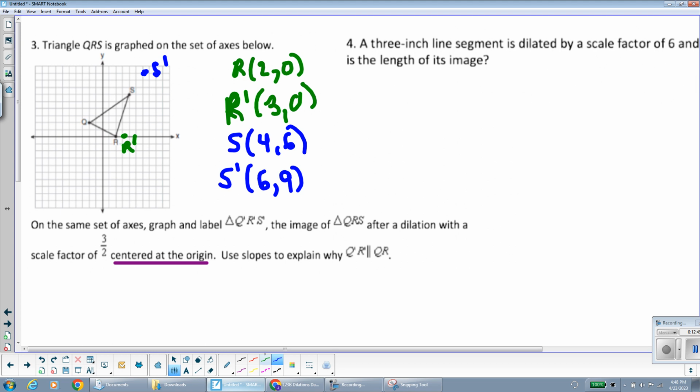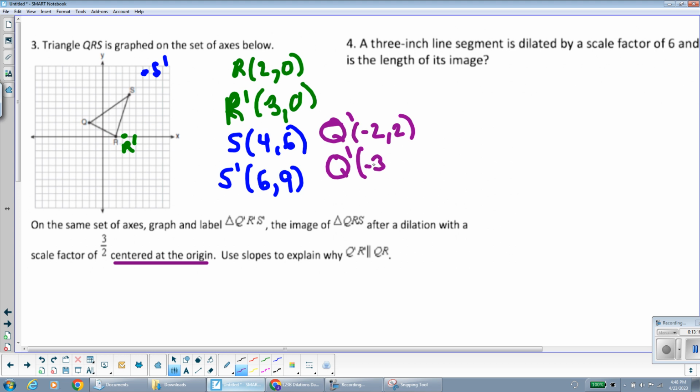And then finally, point T. Oh, it's Q. My bad. It's QRS. Why did I think that was a T? That is -2, 2. So if we multiply -2 by 3/2, that would be -3.